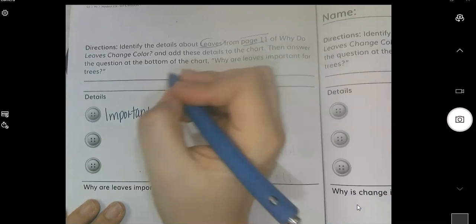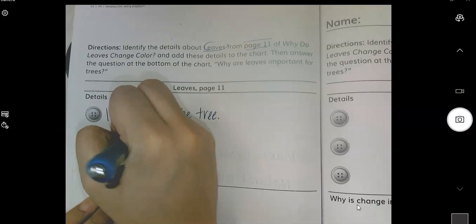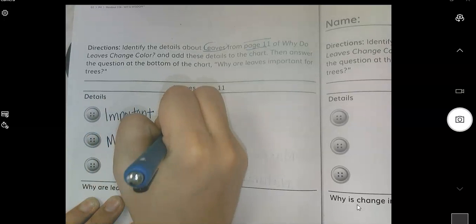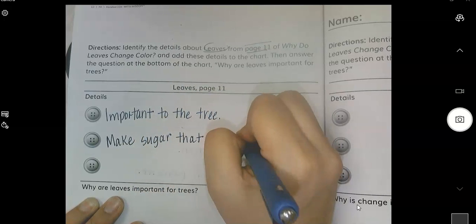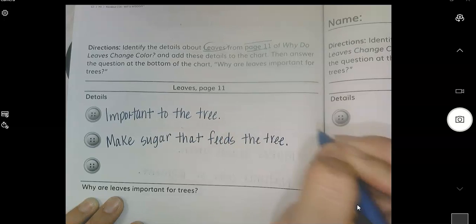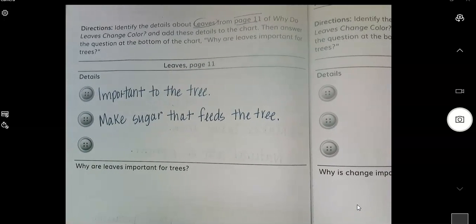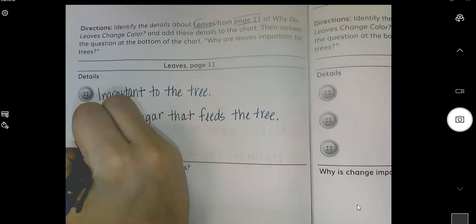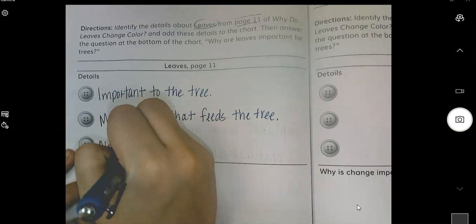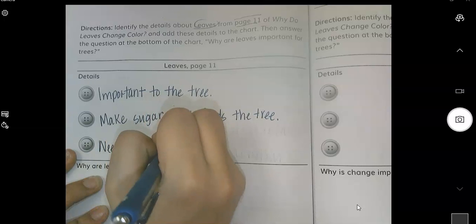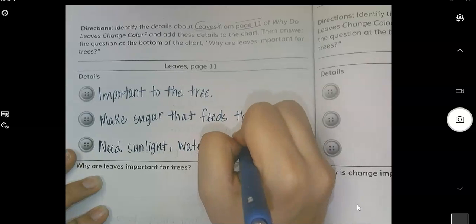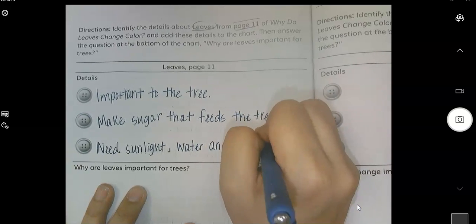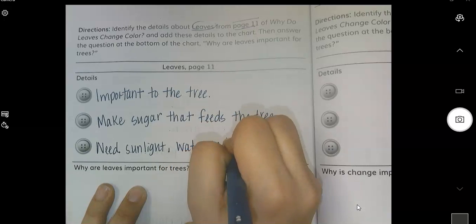If you gathered the detail that leaves make sugar that feeds the tree, you are correct. And lastly, leaves need sunlight, water, and air to make food.